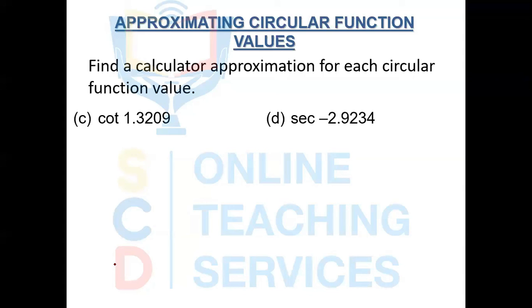Correct? Yes. So you will write cosine 1.3209 all over sine 1.3209.